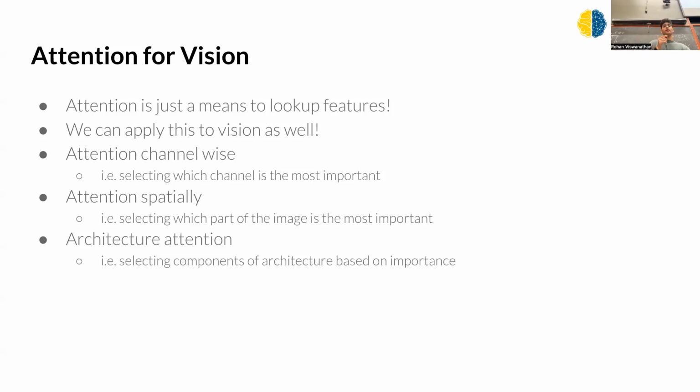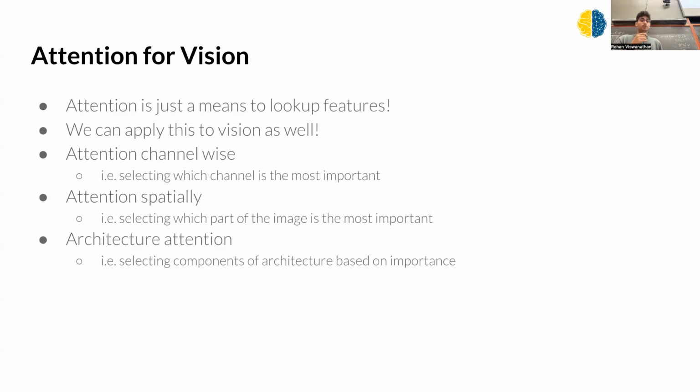And as we've learned, attention is simply a means to look up features, right? We want to prioritize some features more than others. We want to select these features based on their relevance, and their relevance depends on the task that we're trying to do. It depends on our input data, and just in general, the fact that we are implicitly taking in more information than is particularly relevant. And we can apply this concept to vision as well.